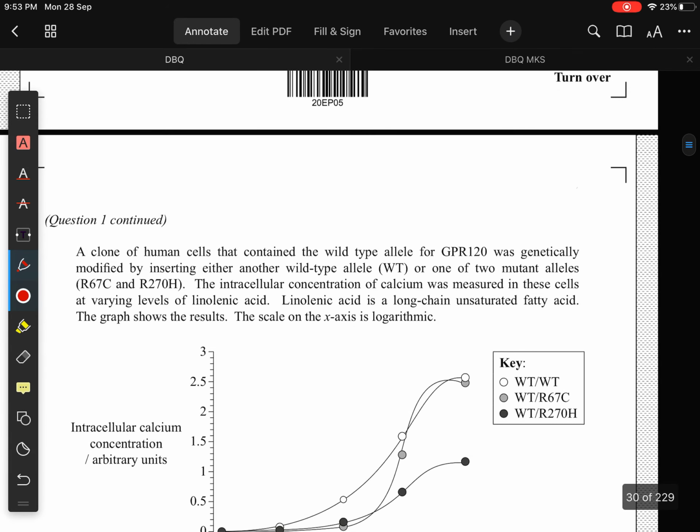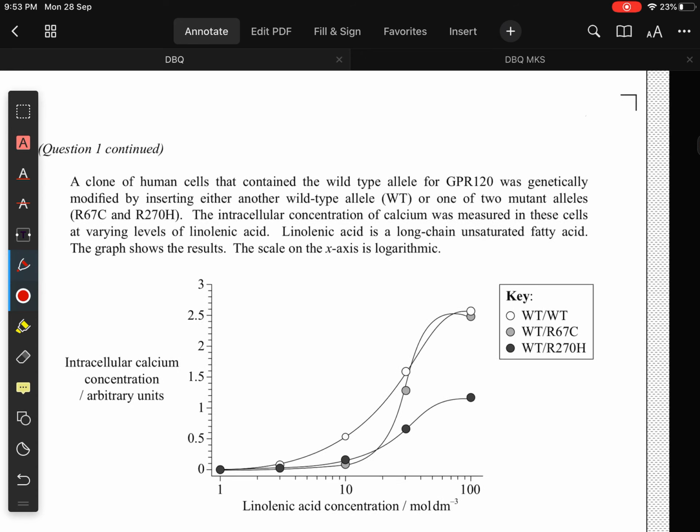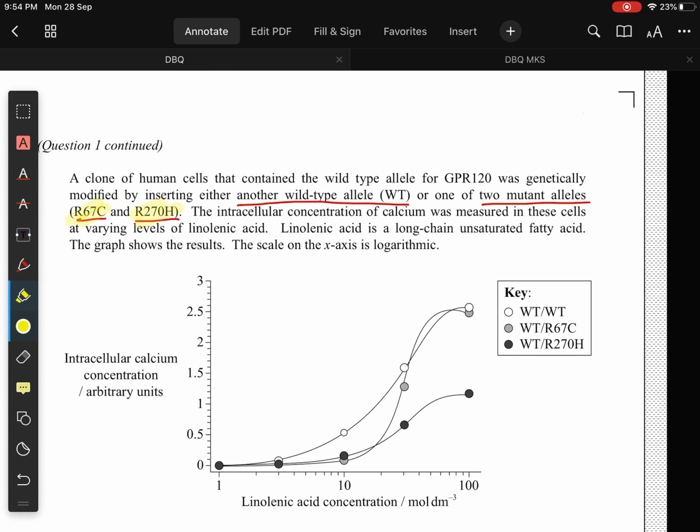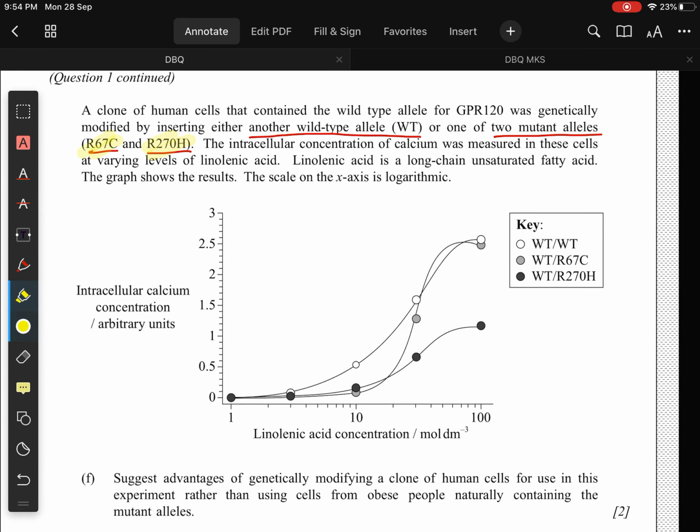Now, a clone of human cell that combined the wild type allele was genetically modified by inserting either another wild type allele, WT, or one of two mutant alleles. So, what we look at in the above scenario, two mutant alleles, one is this, one is this. And we are looking at the intracellular concentration.